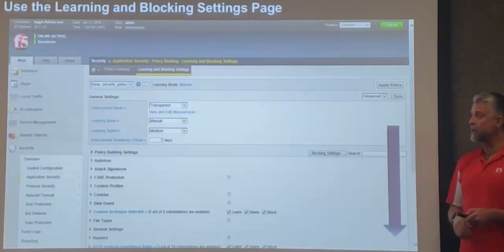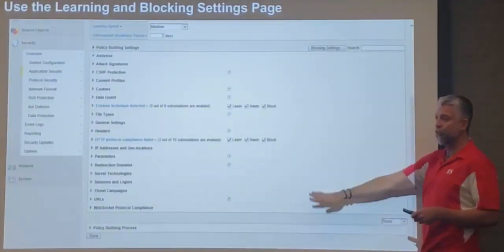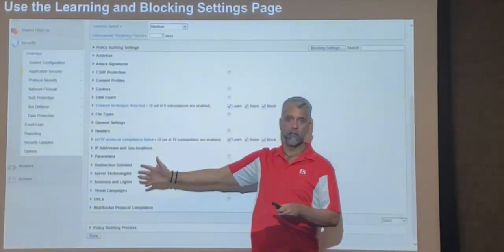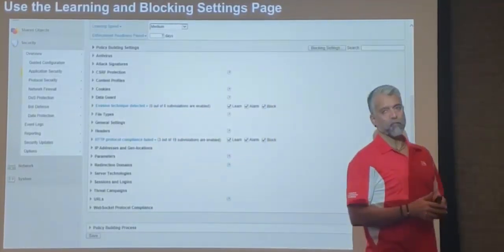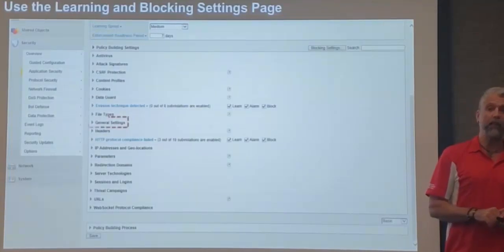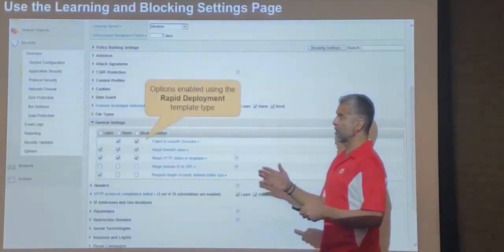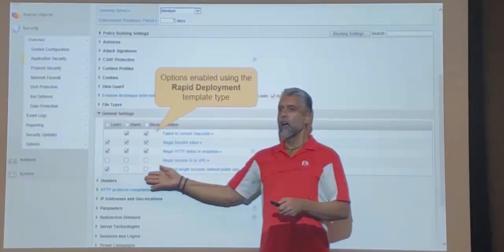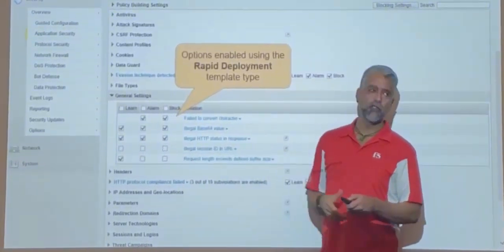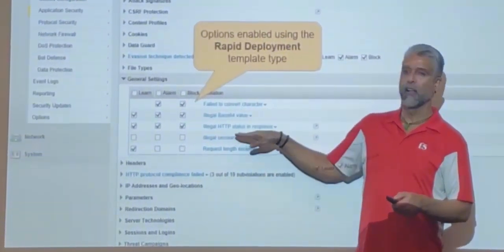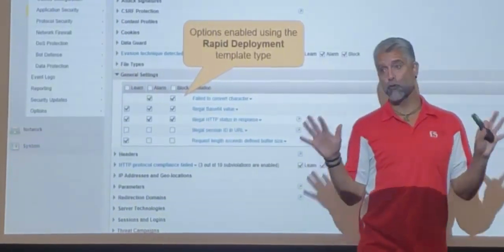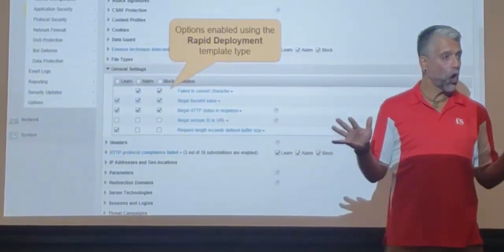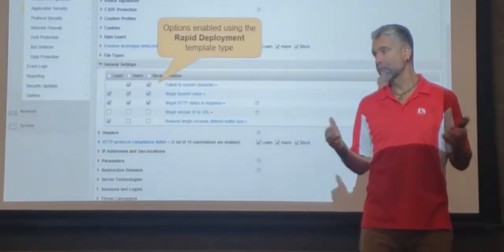And then down below that, we have all of these different categories of violations. If I open up any one of these, such as my general settings, I'm going to see some different violation types. Each one of these is a violation. And it's important to note that not all violations are malicious.